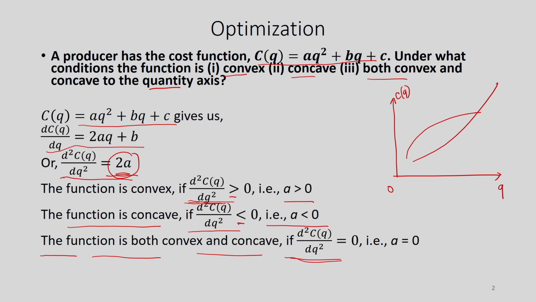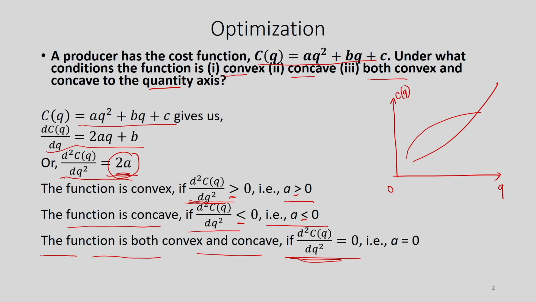So, if we have weak convexity and weak concavity, then the relationship of the second derivative with respect to 0 is also weak. In that case the function is both convex and concave in a weak sense if the second derivative is equal to 0, right.